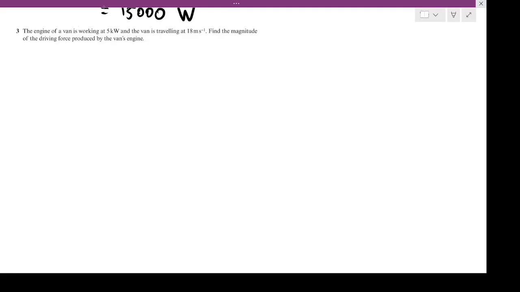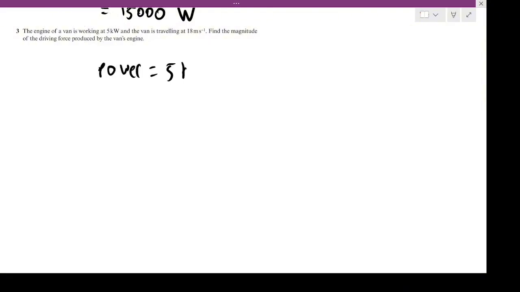That's very subtly hinting at the rate of work done. The engine is pushing the van forward, the driving force, and the engine is working, so it's the rate. That means the power is 5 kilowatts.